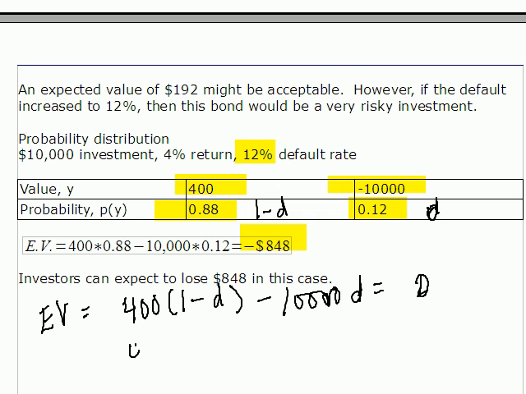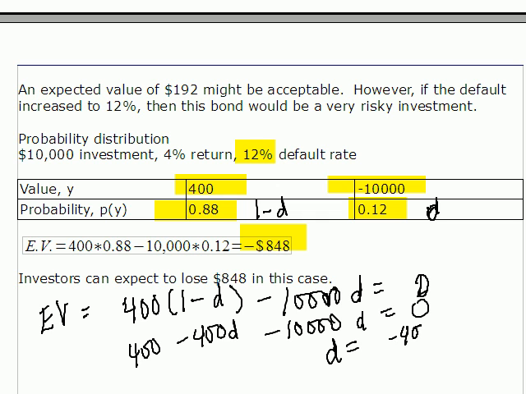All right, I just solve this problem. It's algebra. This is 400 minus 400D minus 10,000D equals 0. So I just solve for D. D is minus 400 divided by negative 10,400.